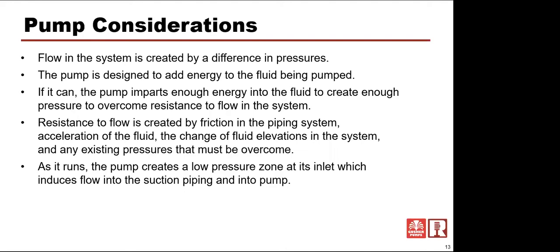Some of the other resistance to flow, whenever you change directions or accelerate the fluid from one velocity to another velocity, in other words, a smaller size pipe with the same amount of flow going through it, you have a change in acceleration. That's a relatively small loss, but it is a loss to consider.